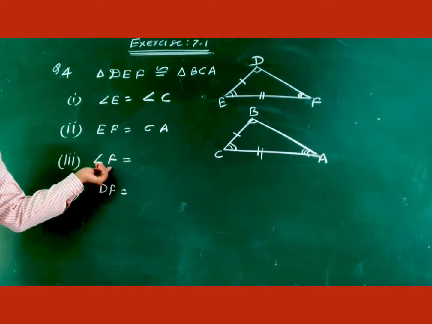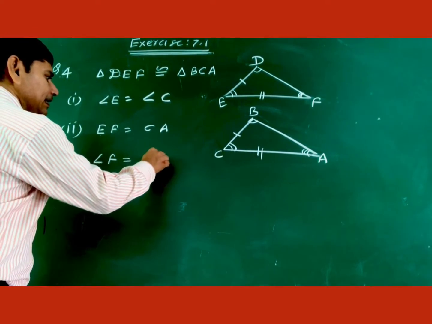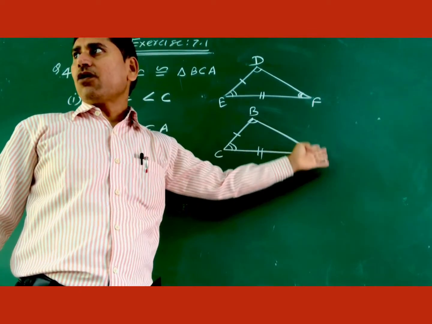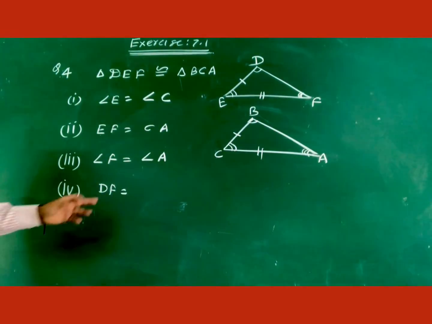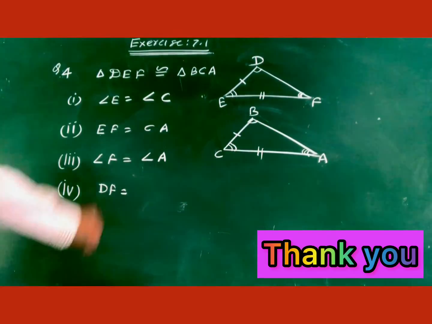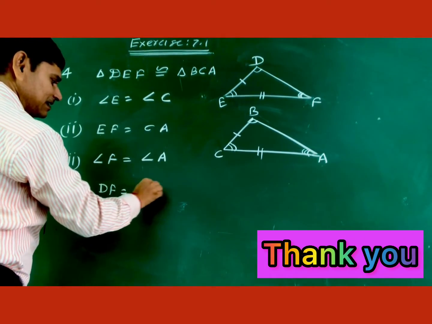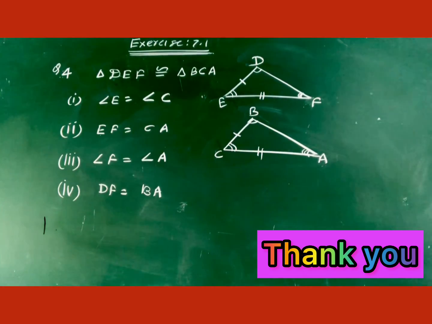And now angle F, angle A. Correct, angle A. And here you also observe that this is the right top corner, the right vertex of these two triangles. Yes, correct. EF means first and last. So this is the answer to this question. I think the concept is very clear.